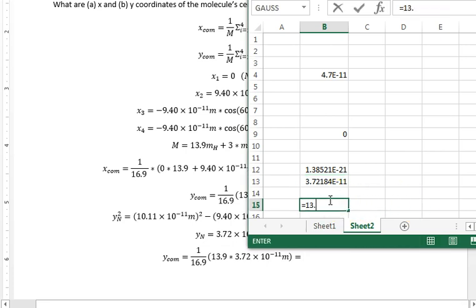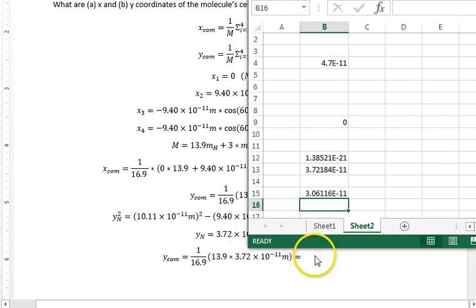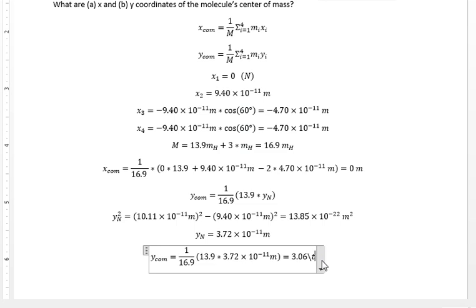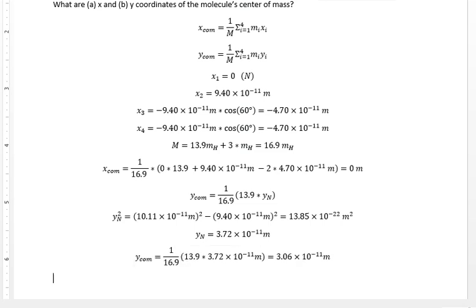So that equals 13.9 divided by 16.9 times the height, which is 3.06 times 10 to the minus 11 meters, is where the y center of mass is, which is most of the way towards the nitrogen. Much closer to the nitrogen than the hydrogens, which makes complete sense since the nitrogen weighs much more than the hydrogens. Even all three hydrogens combined are less than a fourth of the nitrogen mass. All right, that's it for problem 7.